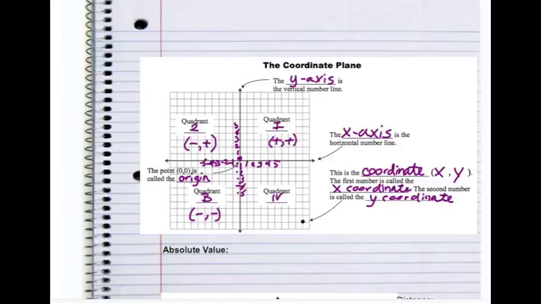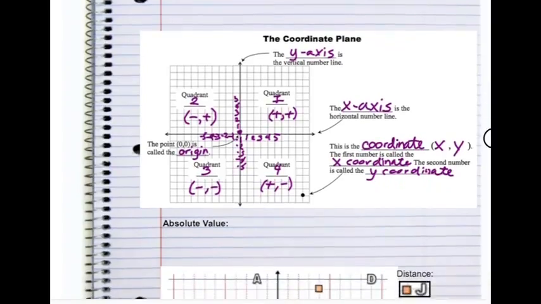And then lastly, we have quadrant 4, and you can see that the x values are going to be positive, but the y values are going to be negative. So basically, by looking at our quadrants, we can figure out where points will be located.